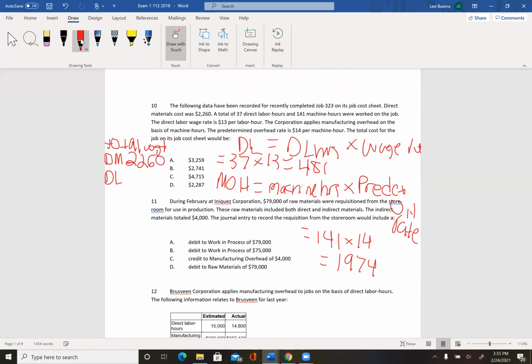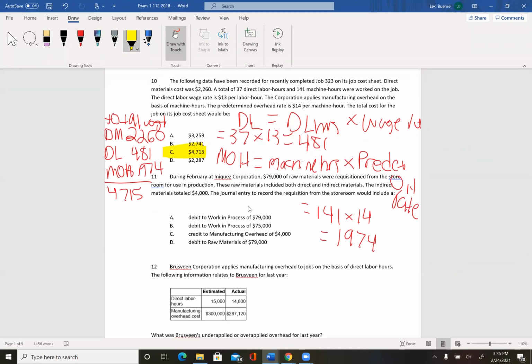Direct labor was what we just found of 481. Manufacturing overhead we just found of 1974. That total is 4715. If you were finding cost per unit, you would divide it by the number of units. But this one just asks for total cost, so you can just leave it at that.